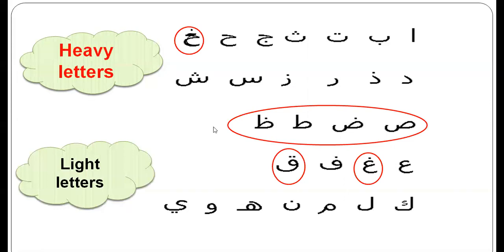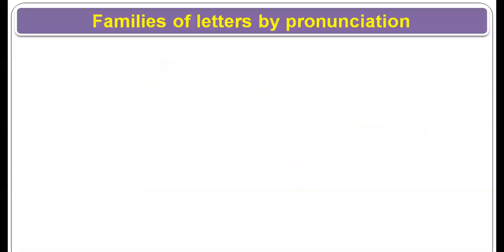Sometimes we get confused by pronouncing the heavy letter as a light letter or the opposite. So let's take examples. I made here families of letters that we sometimes pronounce similarly, even though they are different.